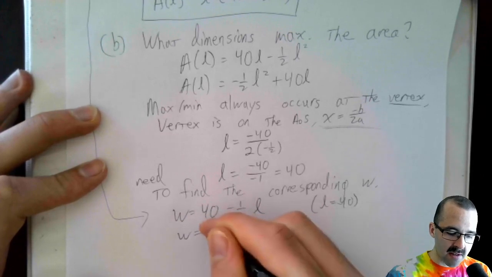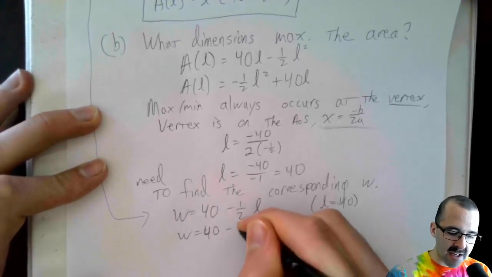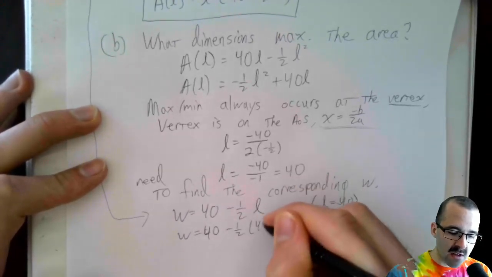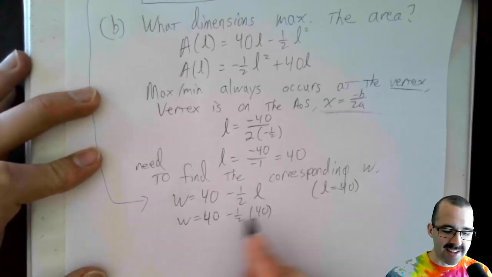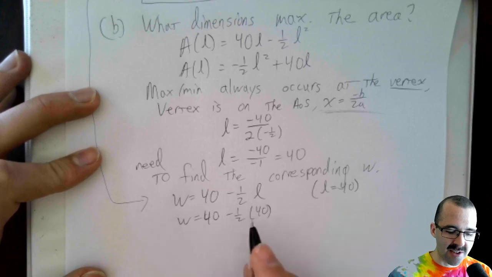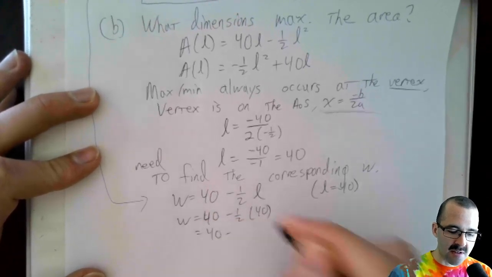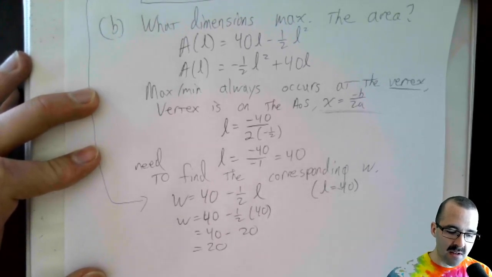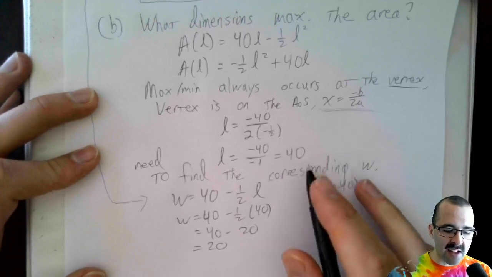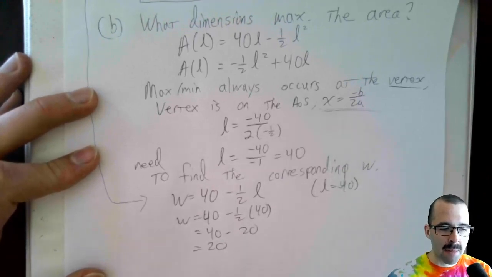It's going to be 40 minus 1/2 times L, which is 40. Unfortunate that these two are the same numbers. It kind of looks confusing. So 1/2 of 40 is 20. 40 minus 20 is 20. Okay? So we found out that the length has to be 40 and the width has to be 20.